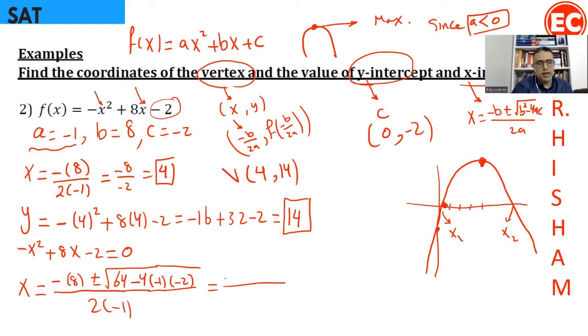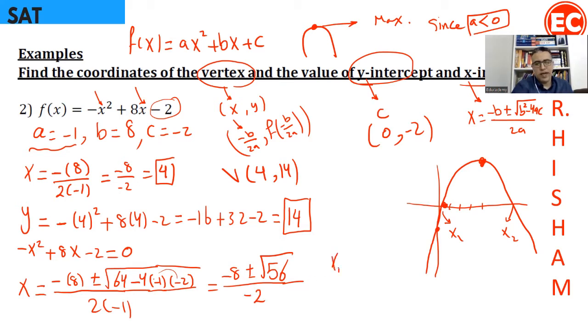So it's negative 8 plus or minus the root of 64. Negative by negative is positive, by negative is negative. So it's 64 minus 8, which is 56, divided by negative 2.